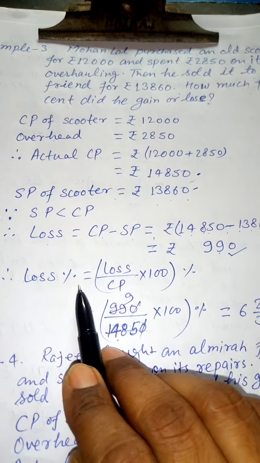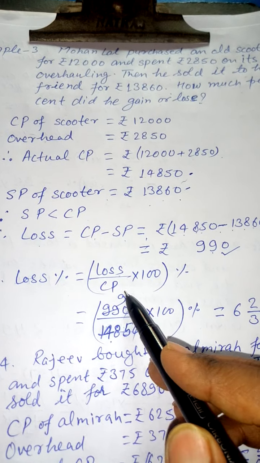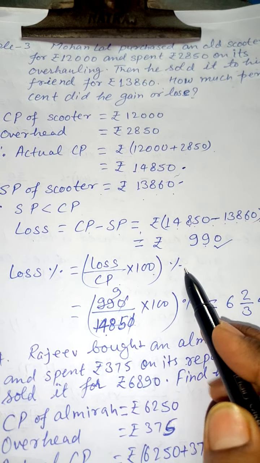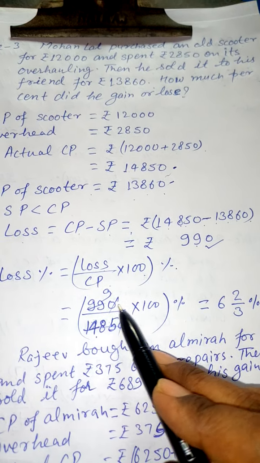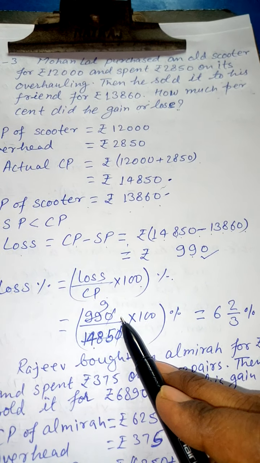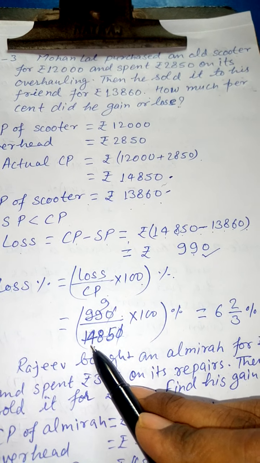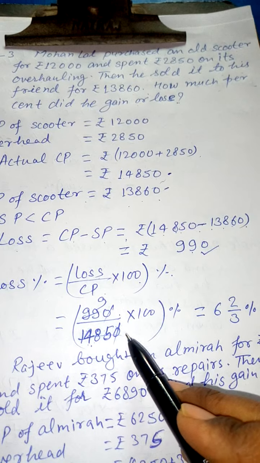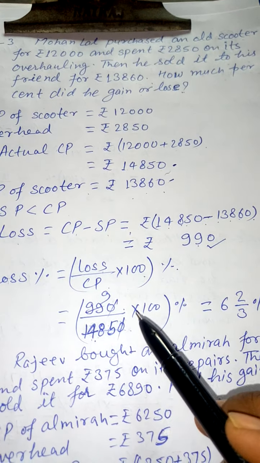Therefore loss percent equals loss by CP into 100%. Loss is 990 by 14,850, which is the cost price, into 100.